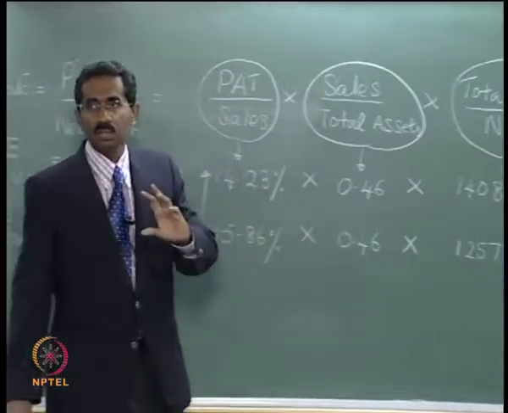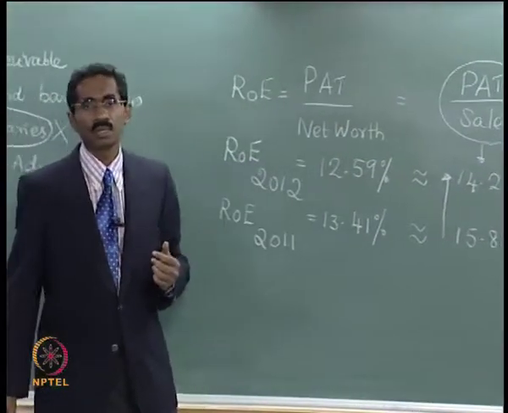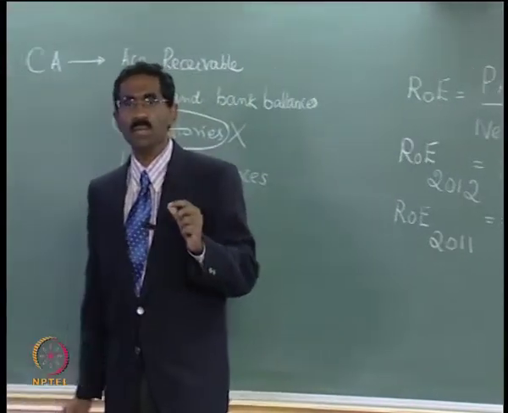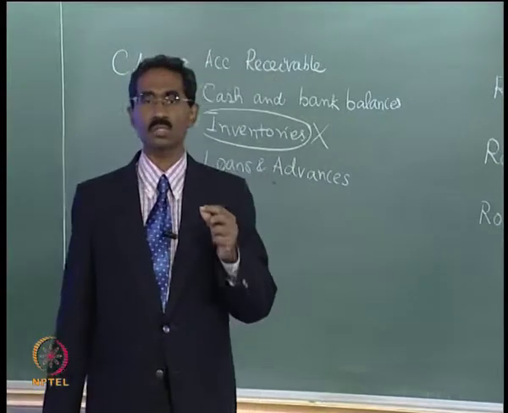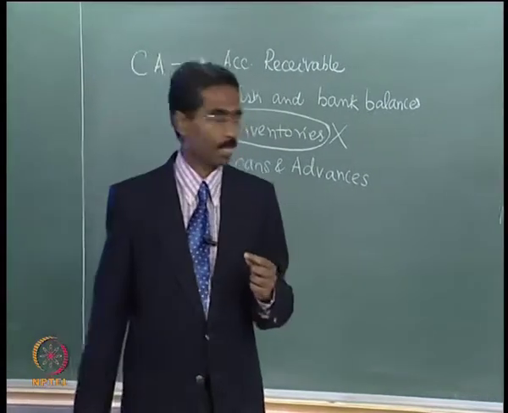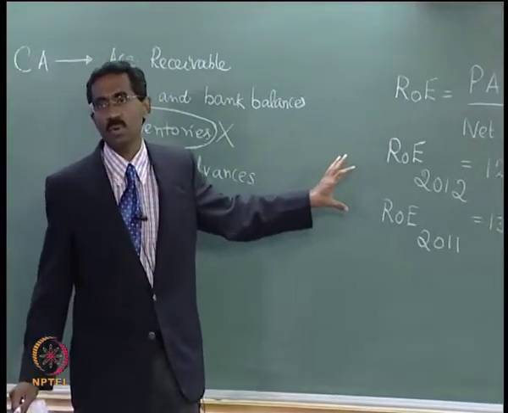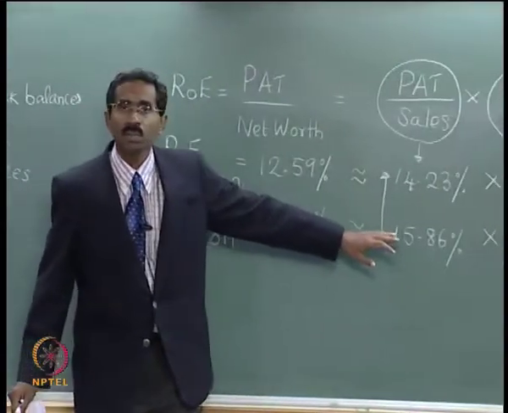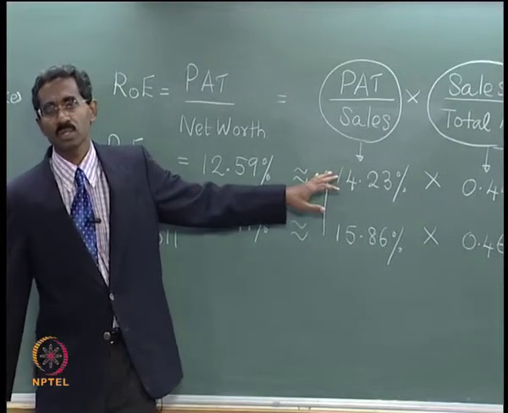So by making this into three different components, we are able to identify the main source for this drop in return on equity in 2012. The main reason for this drop in 2012 is simply that the profit margins of the company have reduced in this 1 year.